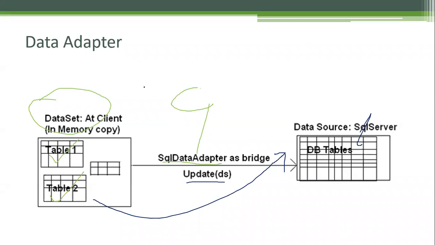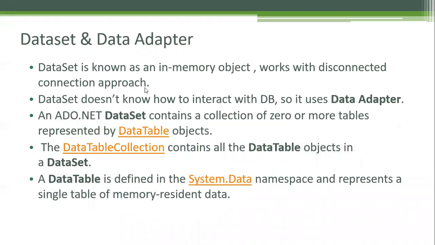So dataset is an in-memory object. It will work with a disconnected architecture. Dataset does not know how to interact or how to connect with the database. So it will use a data adapter. Adapter will use the connection and command object, and it will automatically establish the connection with the database. It fetches the data and fills the data into dataset.